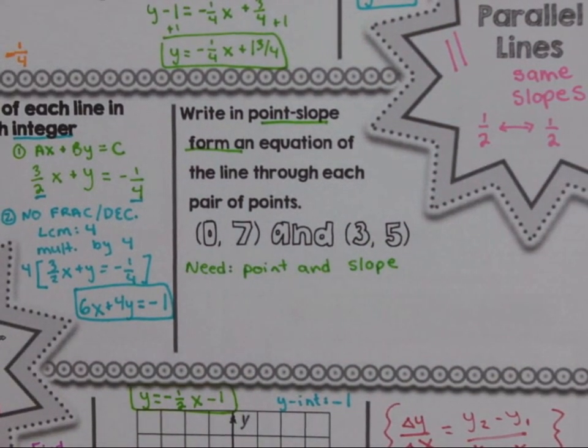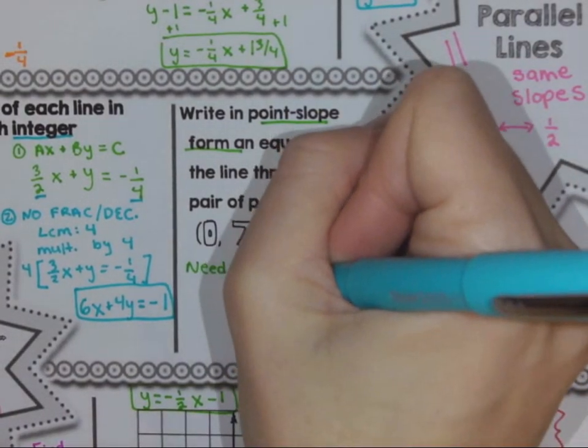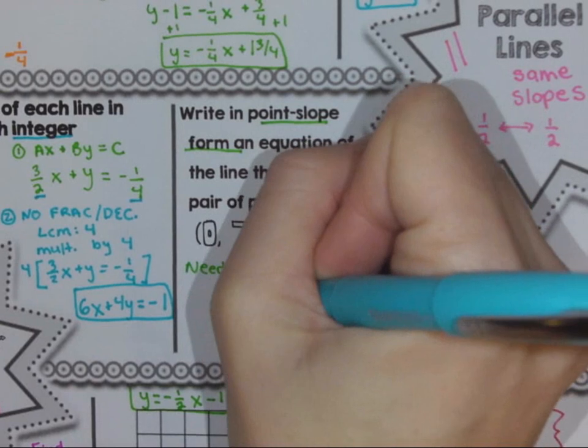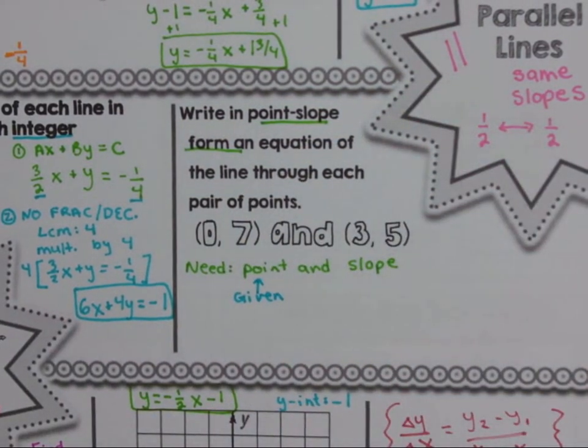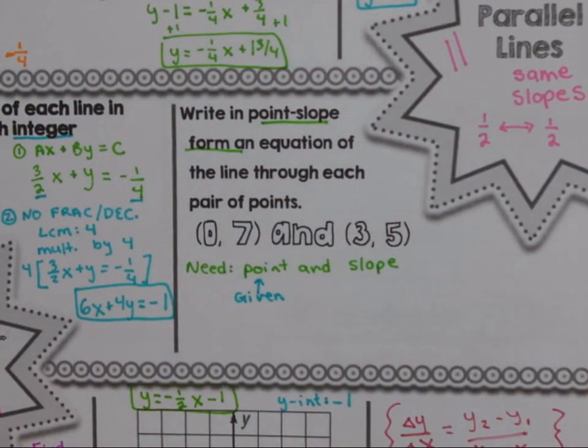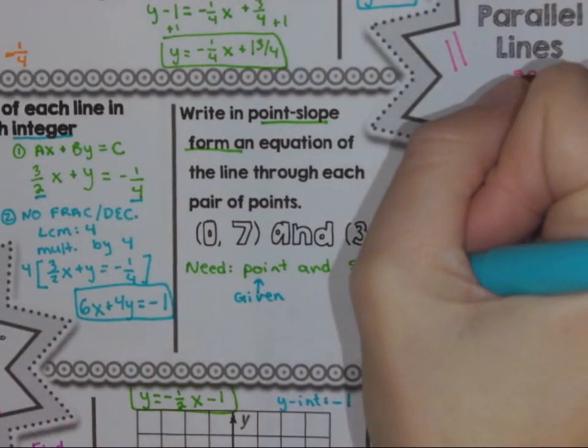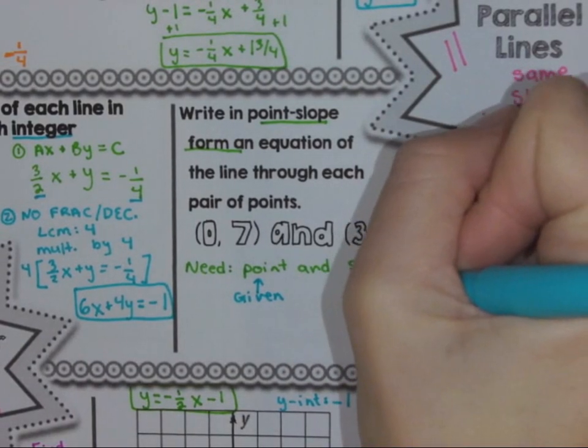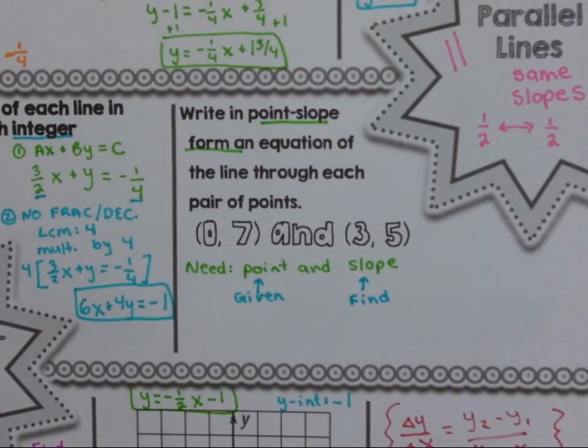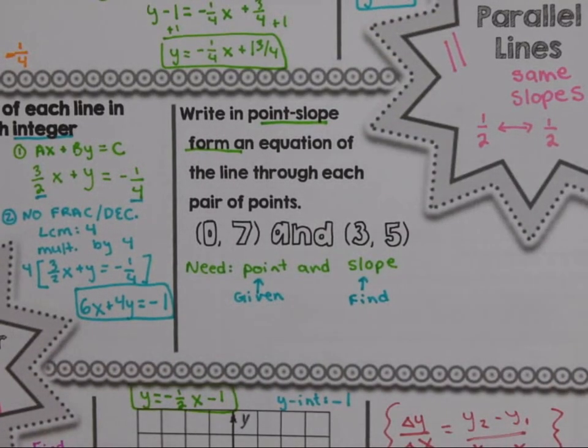So we're given the point (0,7) and we're given the point (3,5). I'm going to note that the point is given to us. We actually have 2 choices, right? We can use either one. The slope is something that we can find. So we're going to use what we did below to then find the slope.